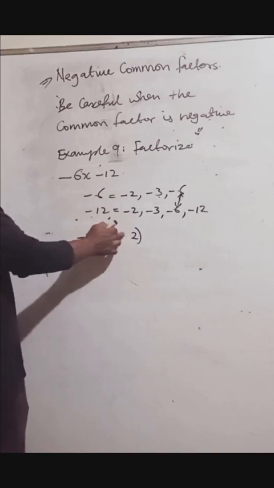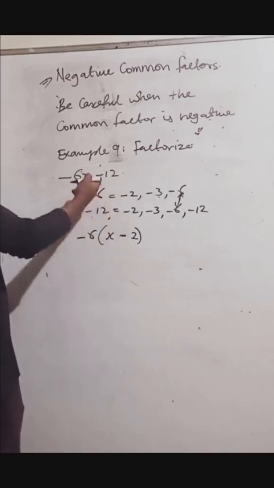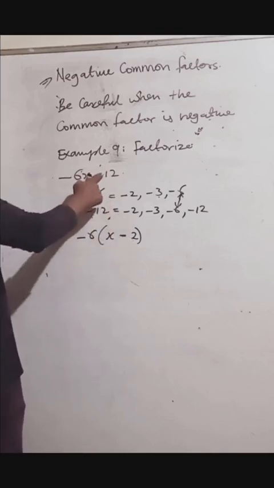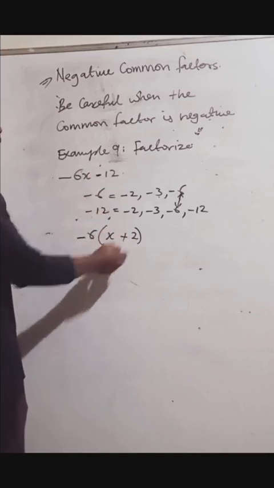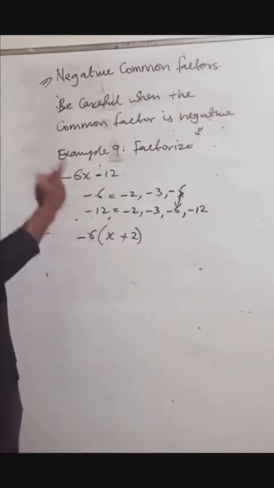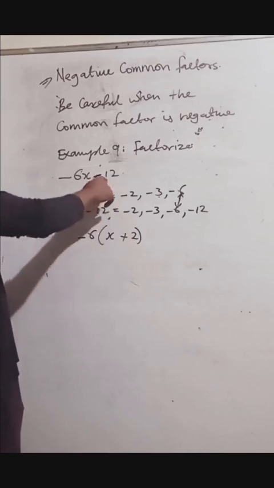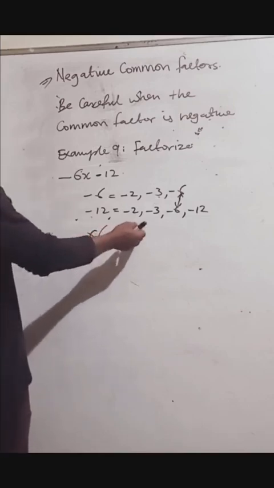But if the sign there is minus, minus 6 multiplied by minus 2 is going to give us plus 12, which is not correct. So to get back minus 12, we are going to put a positive sign here, so that minus 6 multiplied by plus 2 is going to give us minus 12. So this is the factorized version: minus 6 multiplied by x plus 2.